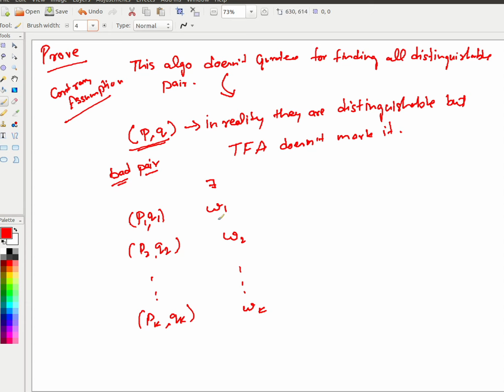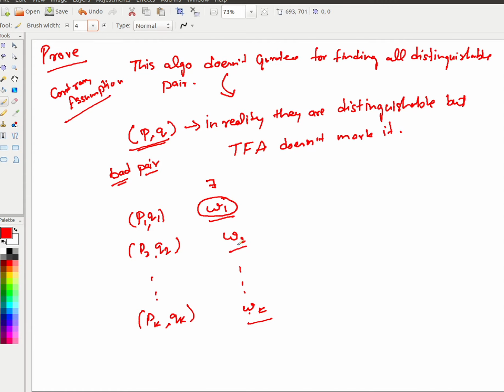Let's say that each of these strings is the smallest counter string for the distinguishability proof. What I mean is that there might be a set of strings that can prove that P1 and Q1 are distinguishable, but I am picking W1 as the string of the smallest length among all that can prove that P1 and Q1 are distinguishable.